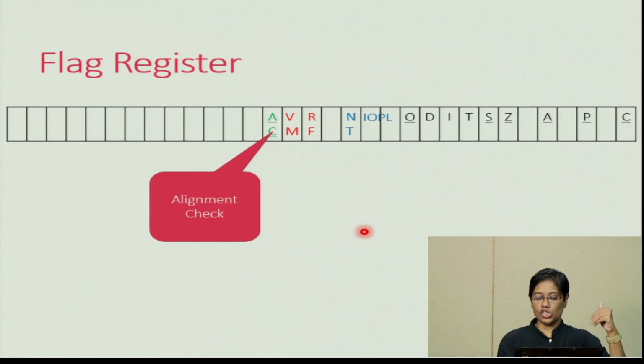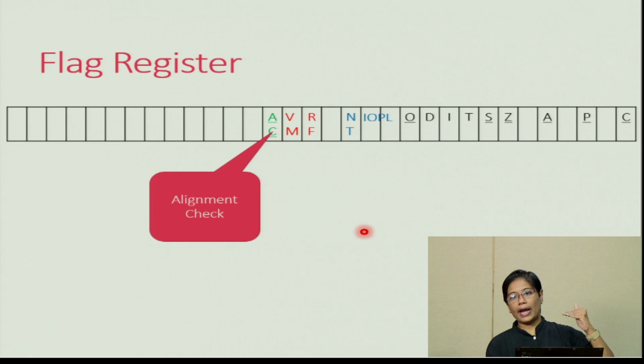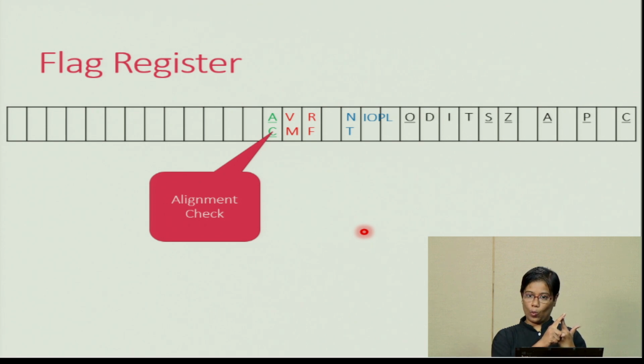So the alignment check is used to indicate whether the 4-byte boundary is maintained by the processor whenever it is storing the result. The 4-byte boundary would mean that your first data is from location 00 to 03. The next data is going to be from 04 to 07, because when you're saying 00 to 03, the first byte is in 00, the second byte would be in 01, the next byte would be in 02, the fourth byte would be in 03.